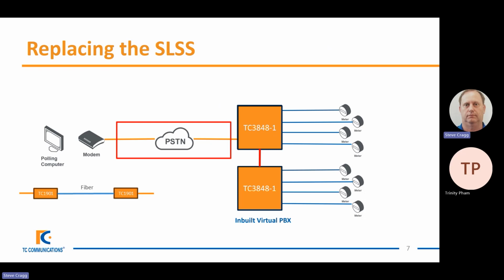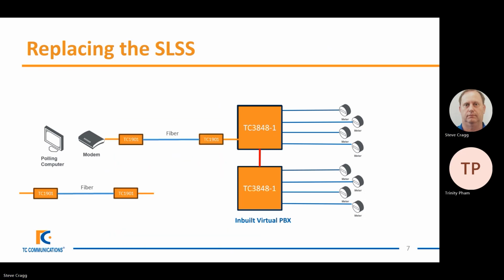And that simply goes in place of the PSTN in that fashion. Now, although you have replaced it with fiber, you can see that there is still a phone line at either end. And so there is no actual connectivity between the two. It's still connected via phone line.